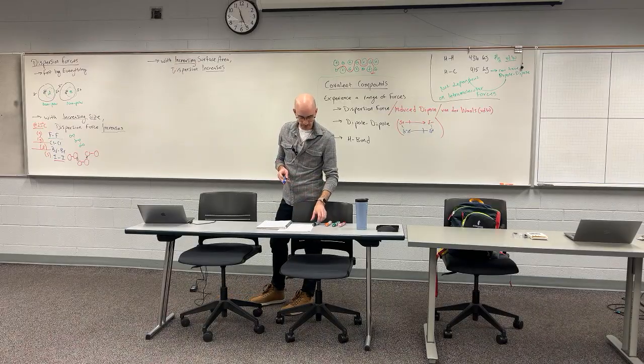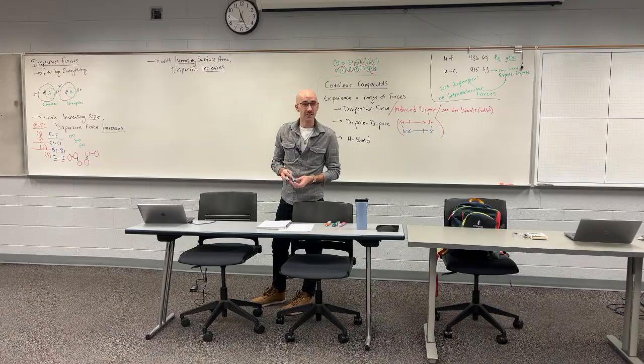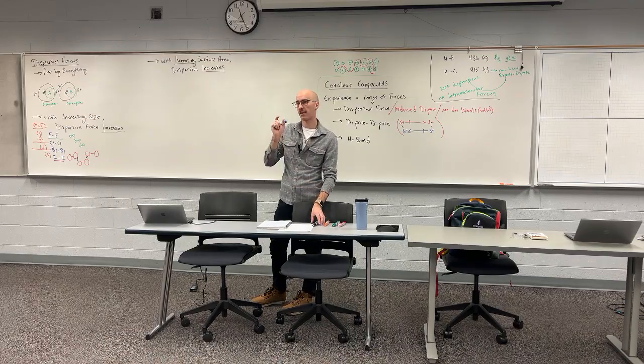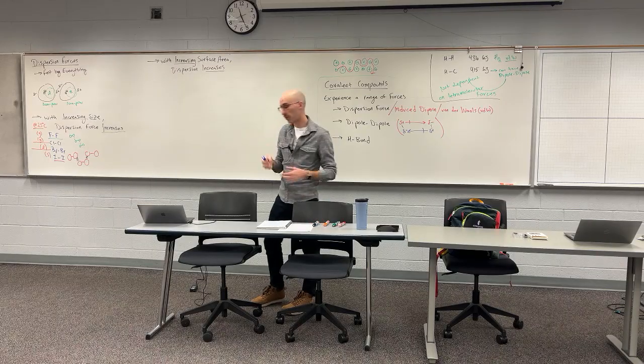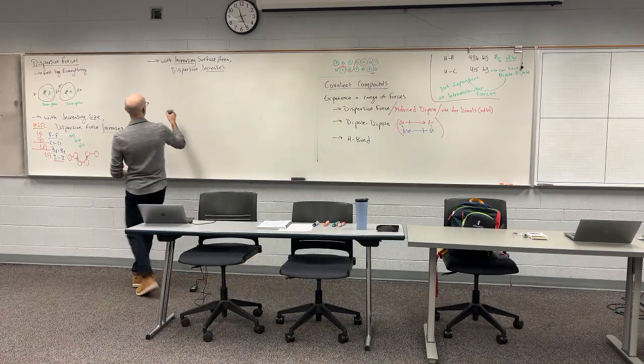We can actually look at a different set of molecules. So I want to look at structural isomers. These two chemicals have the same chemical formula, but they're bonded in different ways.